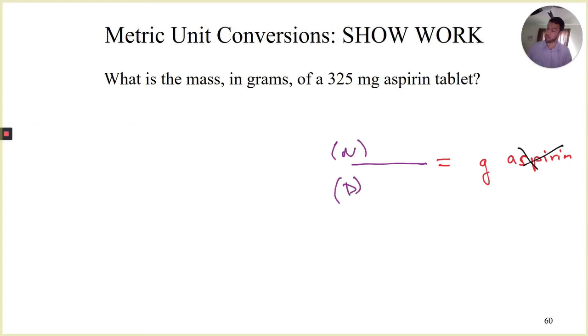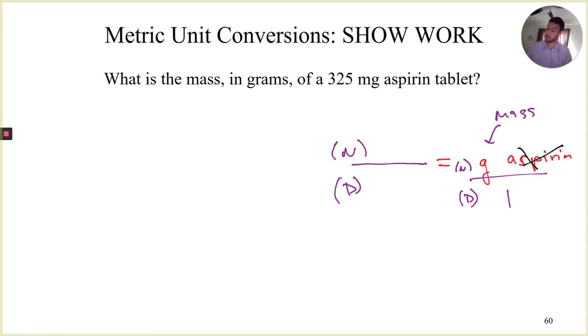Well, how do I decide where to place it? Because it's really just a 50-50 coin toss. The best trick to figure out where to place it is to identify what you want, which was mass, and that was placed in the numerator of the fraction of our answer. For those people thinking, I didn't see a fraction, there's always a fraction. It just means there's 1 in the denominator.